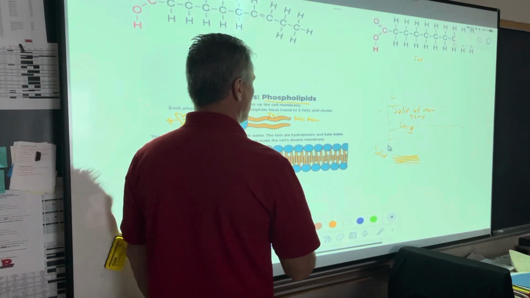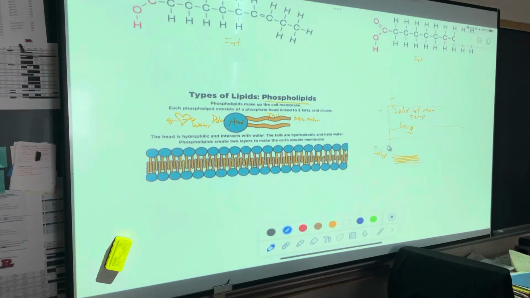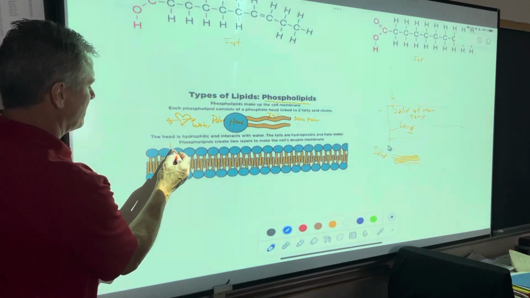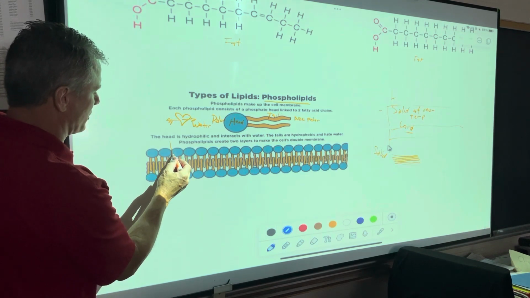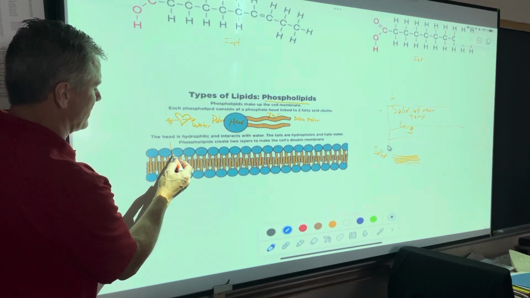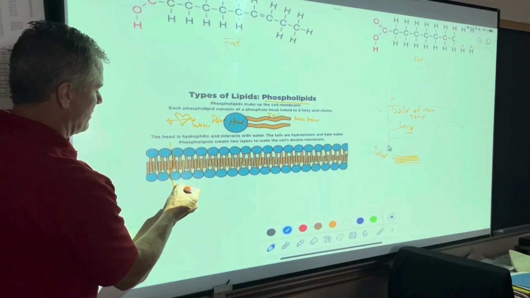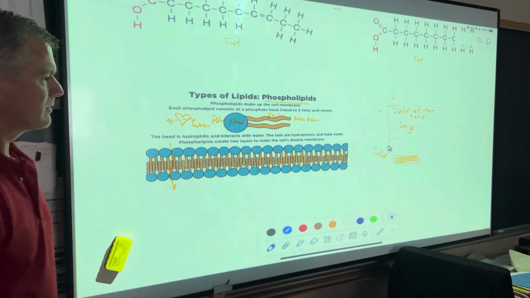Tails are non-polar. So remember, the lipid part of it doesn't have a charge, so the water won't go there. Here's a cool thing. Some water molecules are small enough that they can be attracted, and then they might squeak through. But they're not going to stay here simply because these are lipid tails, and the water will be forced out.